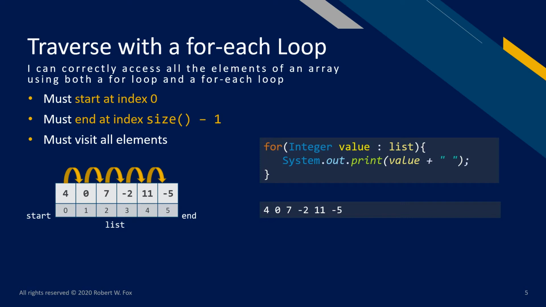Value won't be an index like 0, 1, 2, 3. It will be the elements 4, 0, 7, -2, and so forth. So of course we know there are some disadvantages to using a for each loop in terms of being able to manipulate things, but it certainly uses less code. So doing something like a simple print is much faster with a for each loop.